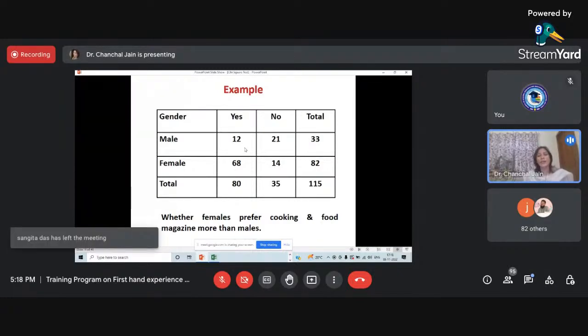So, friends, we have total data of 115 respondents classified into male and female categories on the basis of their choices for the cooking and food magazine. This type of tabulation of the data we call a contingency table. In the chi-square test, generally a contingency table is used.